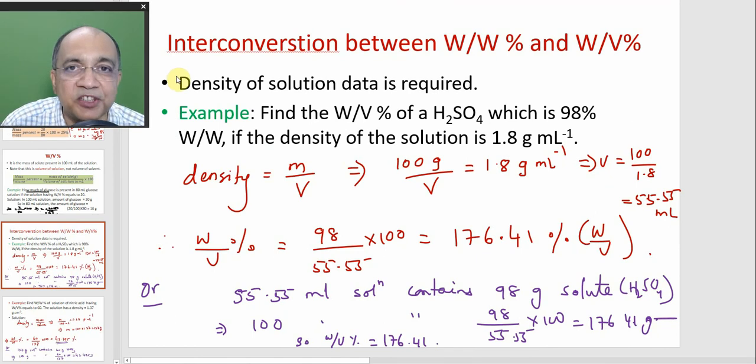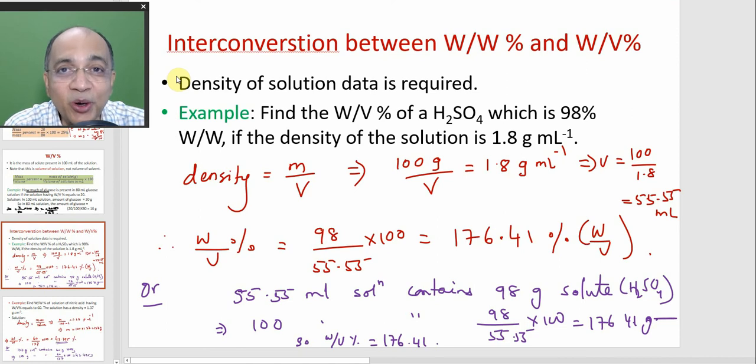See, how to interconvert between W by W percent and W by V percent, because these are two ways to express the concentration. A particular solution can be expressed either in terms of W by W percent or W by V percent. So if you know one, then the other can be known.